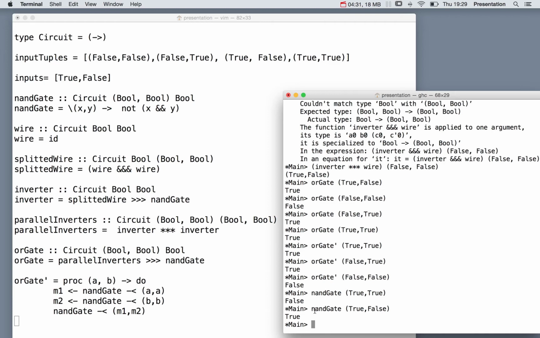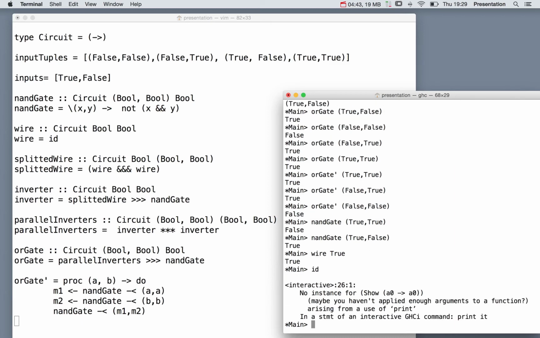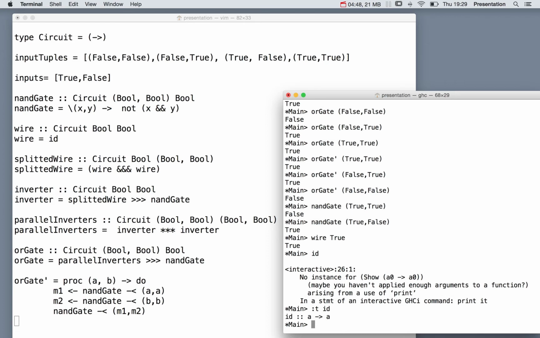So for example, if we take the wire here, that's just the identity function, then we get true. And this is here the identity function that just takes something and returns the same thing.